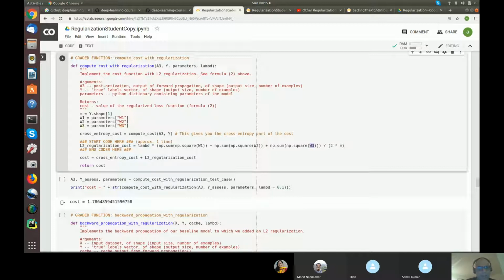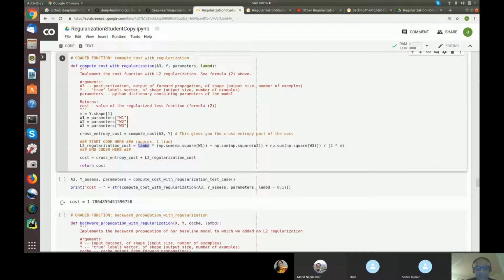So now we're adding this cost. We are taking lambda, which is the hyperparameter that we decide. We multiply that by the sum of the squares.